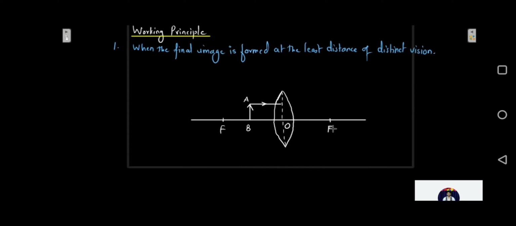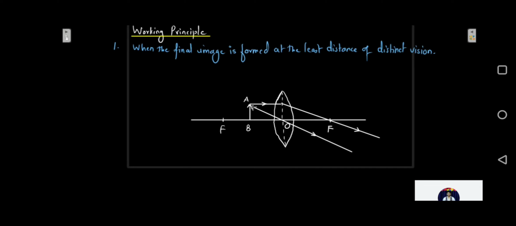So if this is the focus, this ray is going to pass through the focus on the other side, with the arrow. Arrows are very important. And another ray is going to pass straight through the optical center, something like this. Again we need to draw proper arrows.